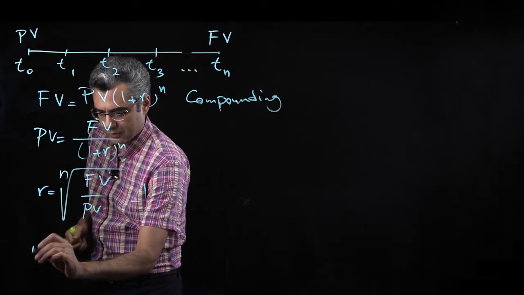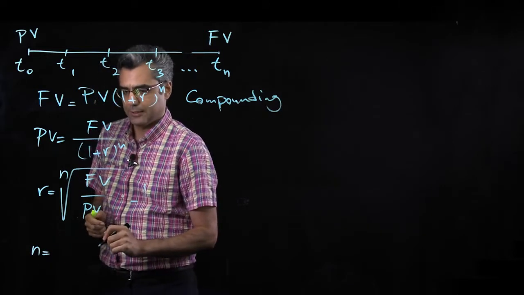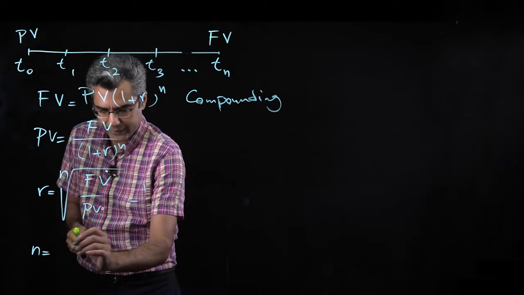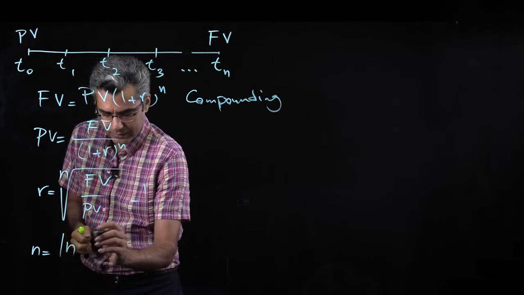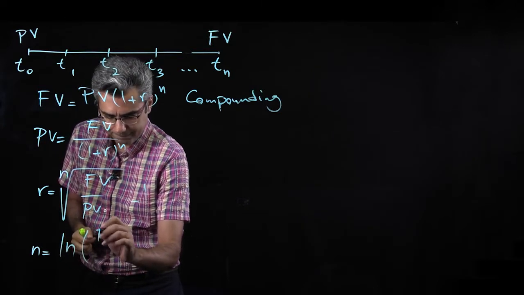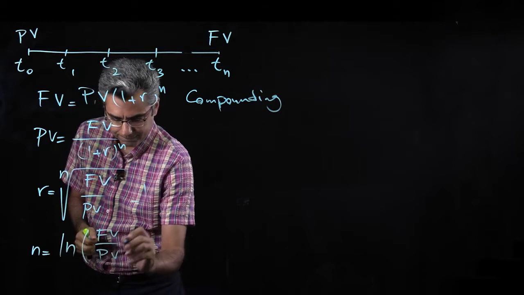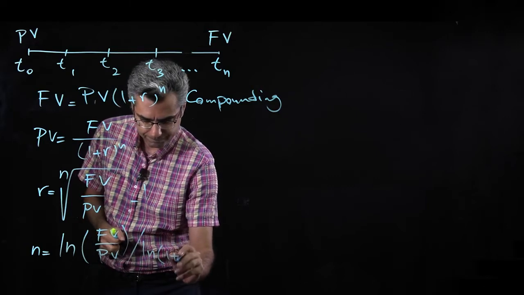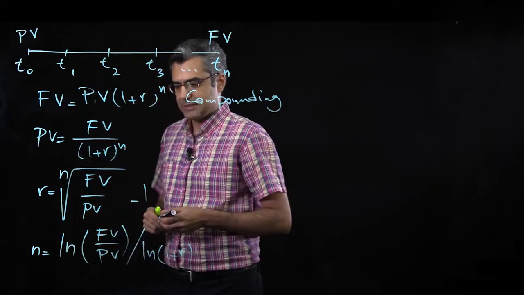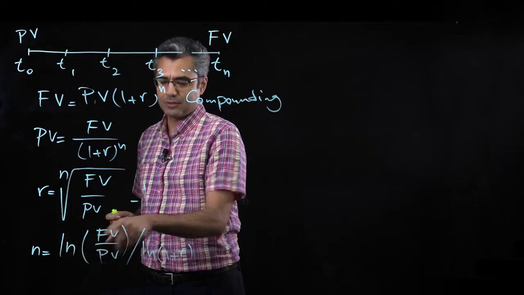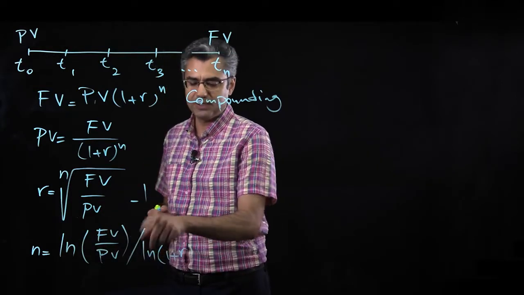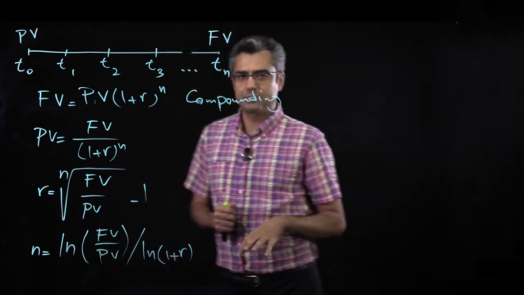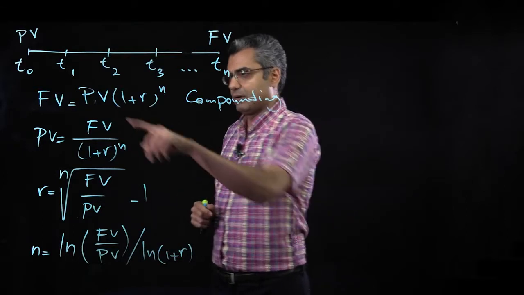For example, then you can write the formula in the way to compute N. So it's ln of FV divided by PV, divided by ln of 1 plus R. You can find these formulas in your textbook and in the slides, of course.